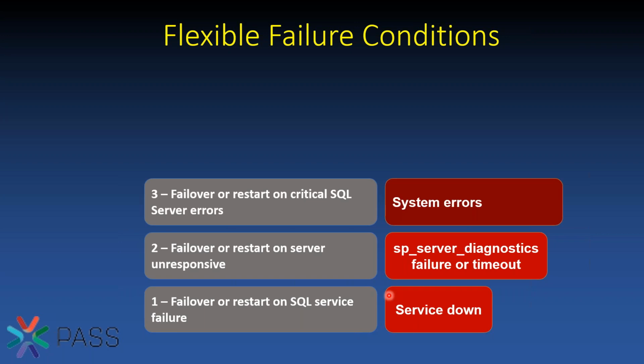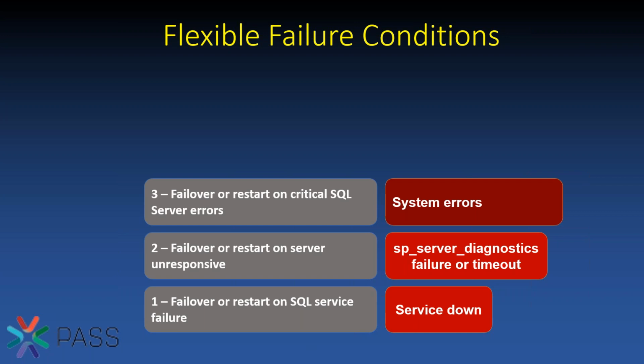Level 3 starts actually legitimately looking at the data from sp_server_diagnostics to see, are we having some failure conditions? At level 3, we've got some checks. We look to see, are we having a lot of SQL dumps taking place?